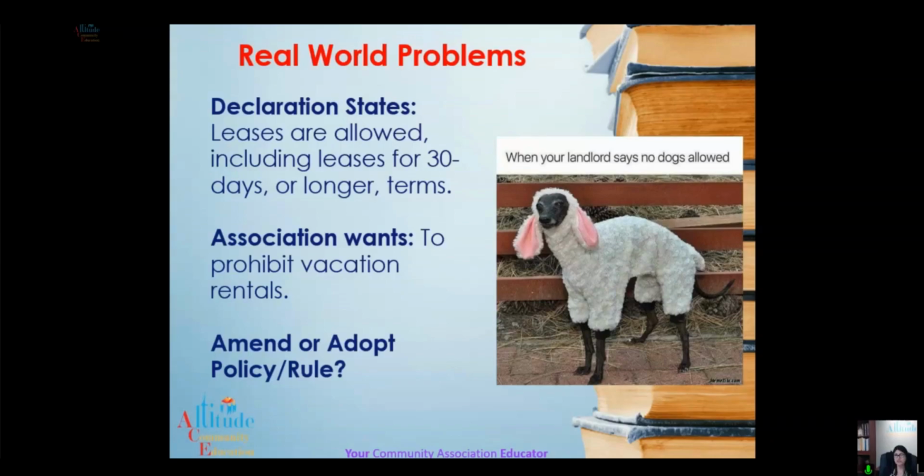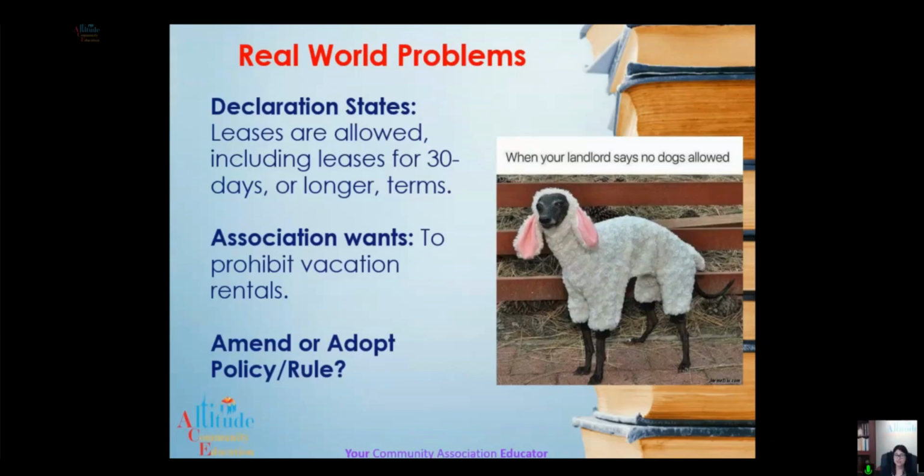Just because we give an example of a 30+ day lease as what you can do, that doesn't negate a homeowner's ability to have a lease that's less than 30 days. And that's really the problem with these types of provisions. When people look at them, they're like, oh, okay, so leases less than 30 days are prohibited with this provision. They're not at all. They're just giving you an example of a lease that's allowed. There's a million other types of leases that are going to be allowed too.